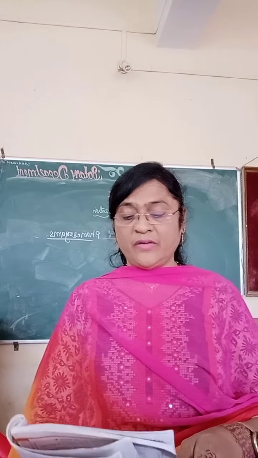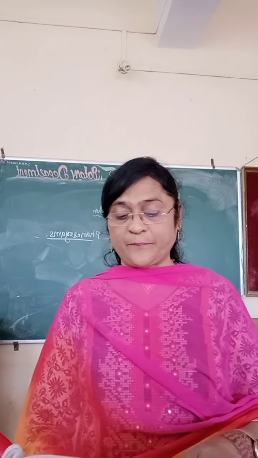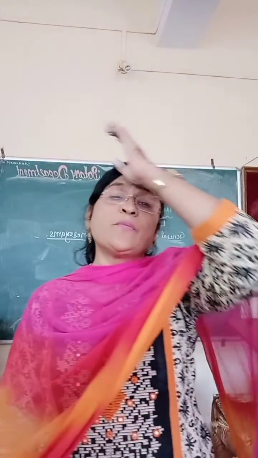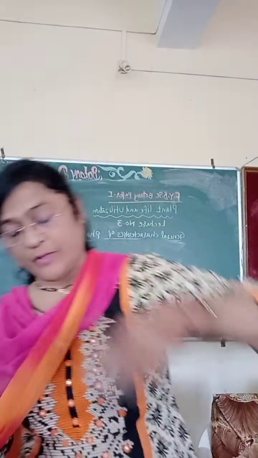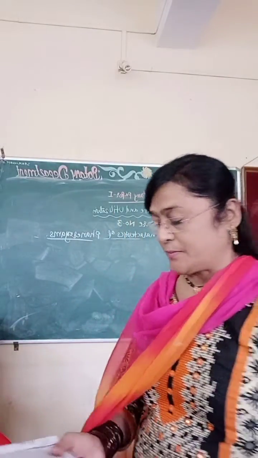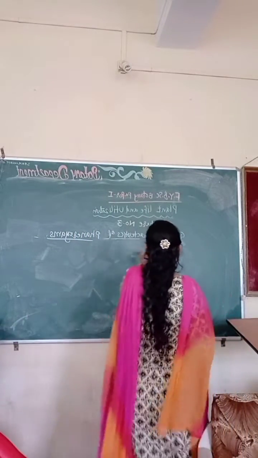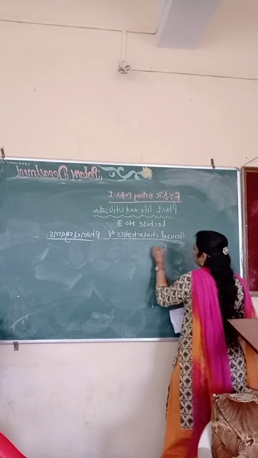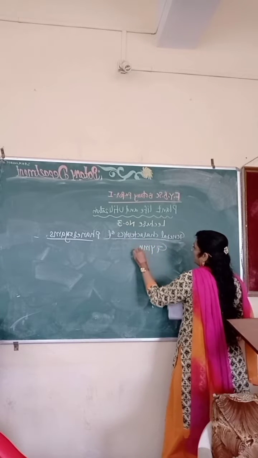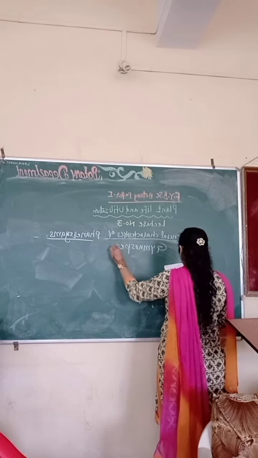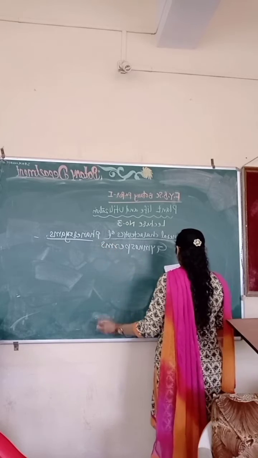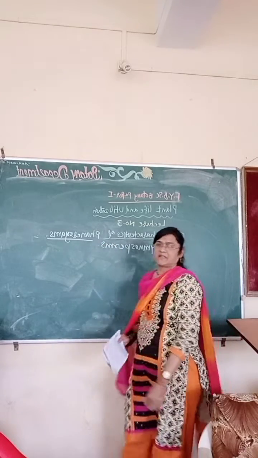Phanerogams are further divided into two divisions. Number one is called gymnosperms, and the other is called angiosperms. Now, what are gymnosperms? Most of the gymnosperms are trees.